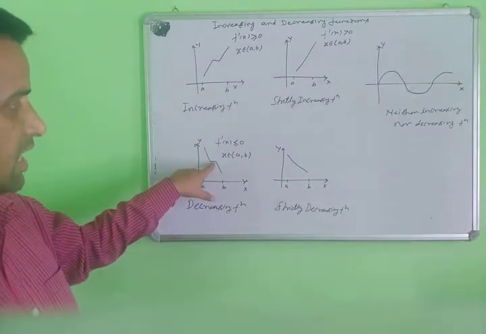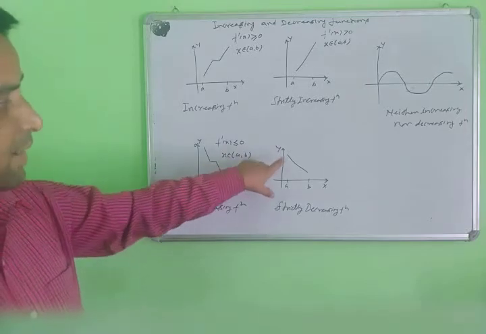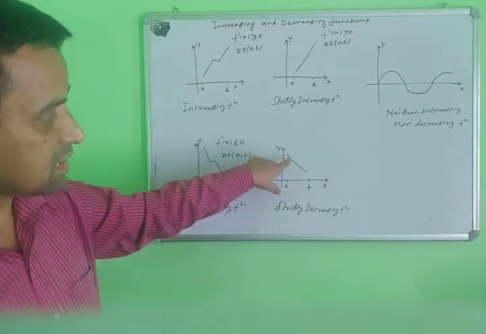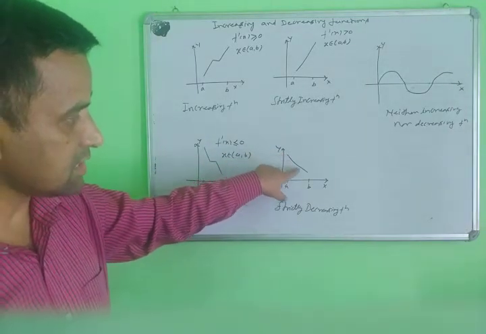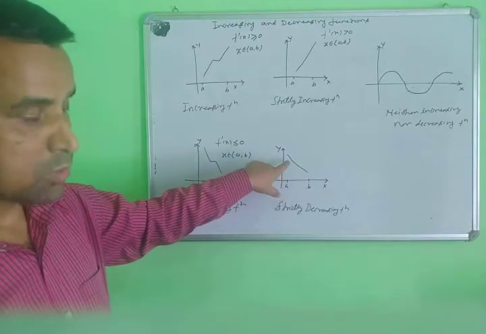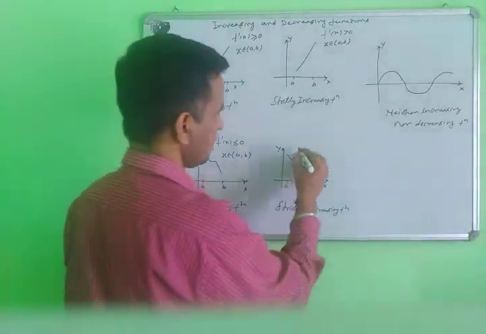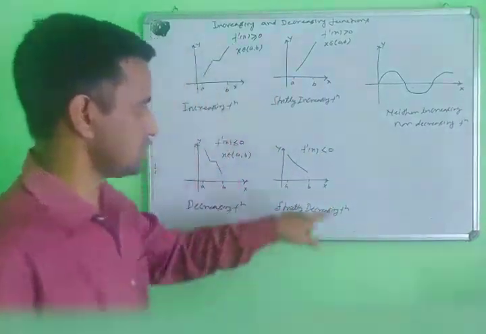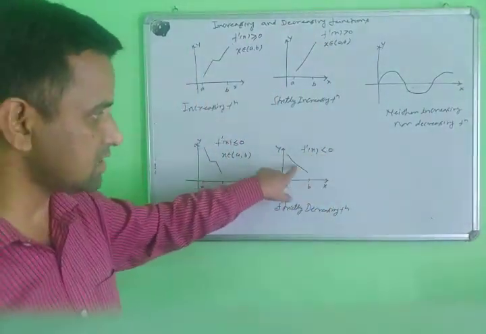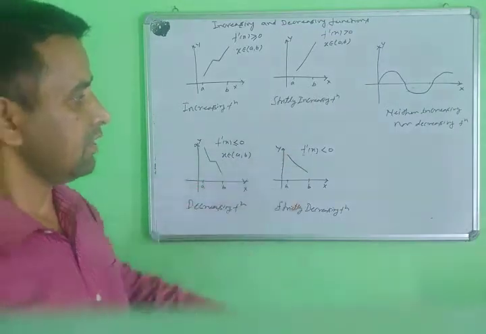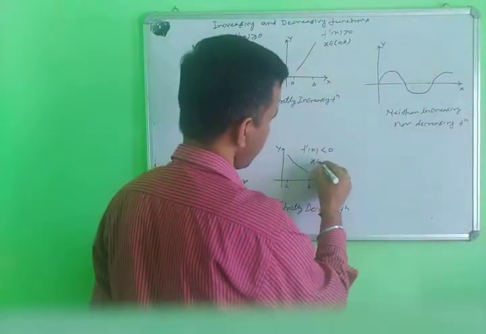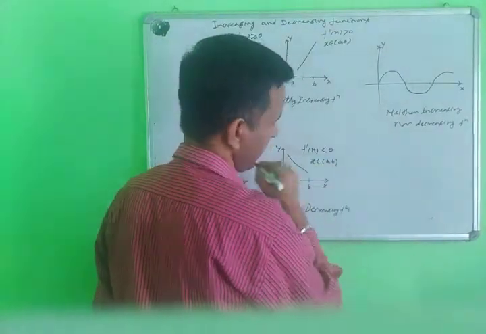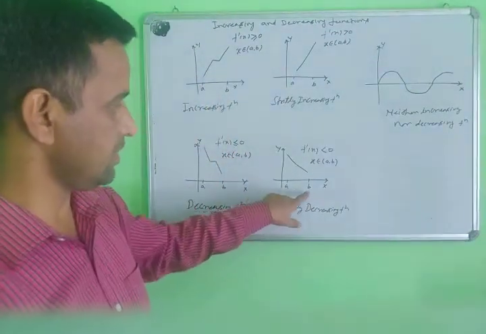One interval has slope 0. But this other function is strictly, continuously decreasing, with no slope 0. Then you write f dash x less than 0. Don't use the equal sign because it continuously decreases. Here x belongs to a b.